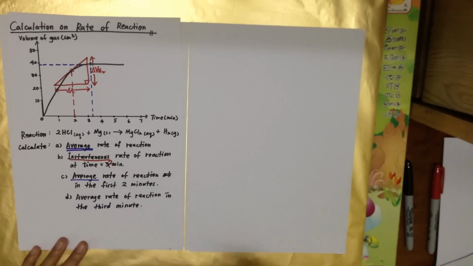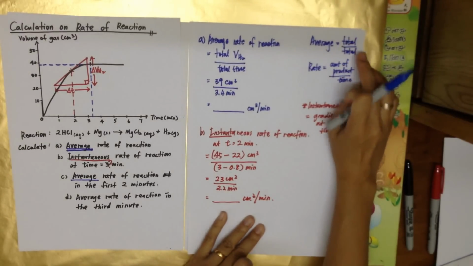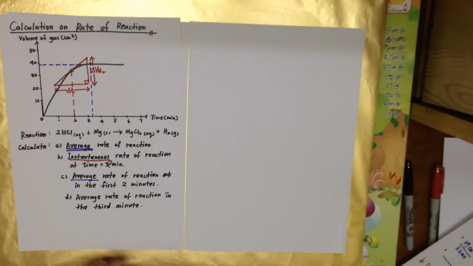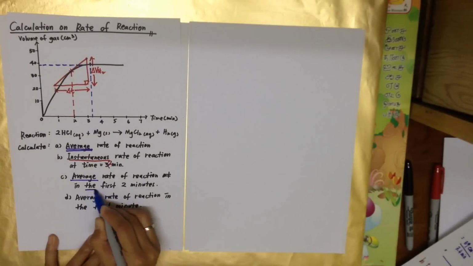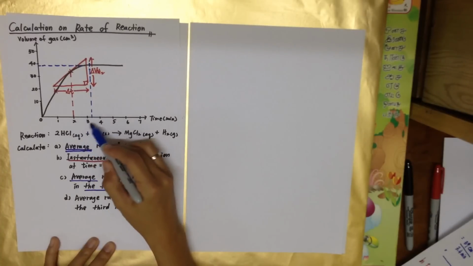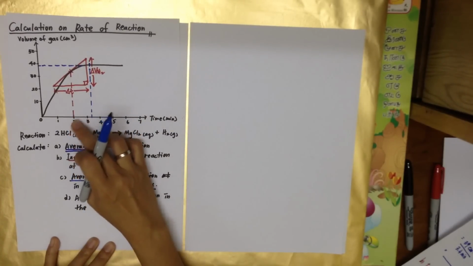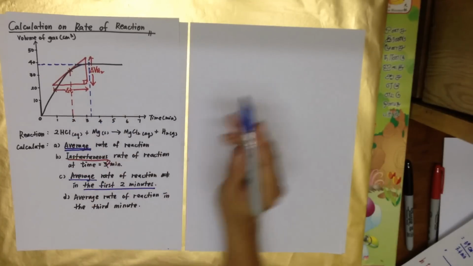We only need to use a total amount divided by total time. But the condition is fixed in the first 2 minutes. That means we do not need to concern about the rate of reaction after 2 minutes. We only need to concern about the rate of reaction in the first 2 minutes.